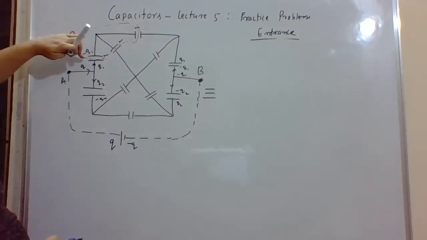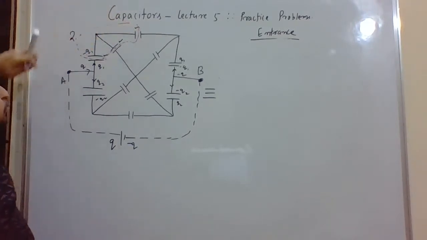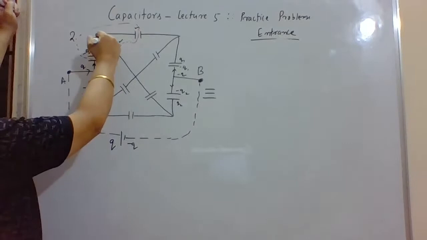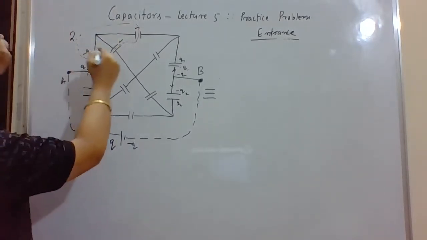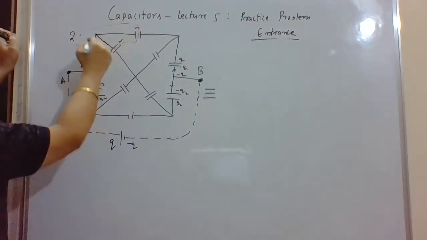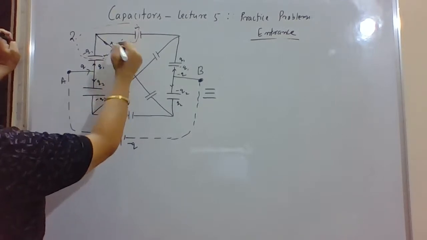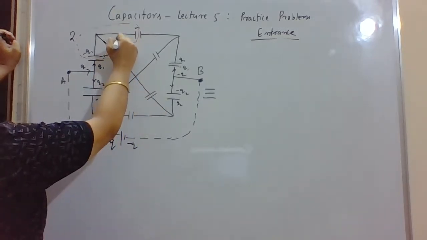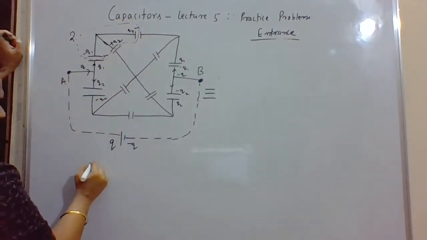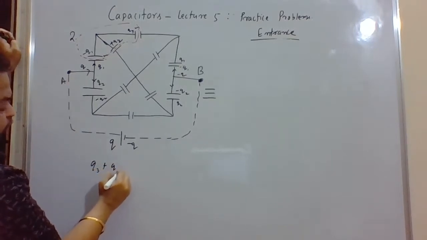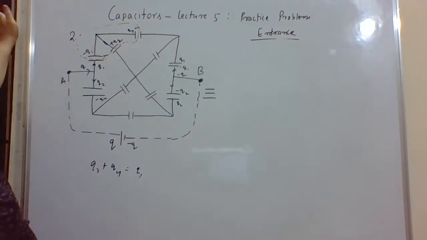So if the charge on this plate is minus Q1, the total charge on these two would be plus Q1. Suppose here some charge plus Q3, and here some charge plus Q4 are appearing, such that Q3 plus Q4 will be equal to Q1, because the magnitude should be the same.